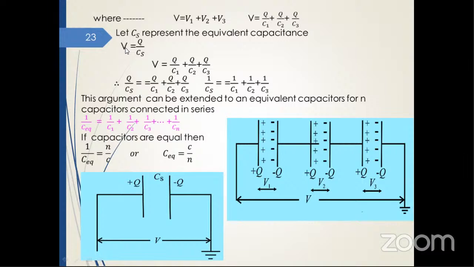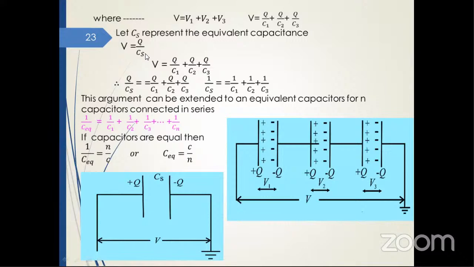As per the definition, we write V is equal to Q divided by C1, that is V1, plus V2, that is Q divided by C2, plus V3, that is Q divided by C3. Also, V is equal to the charge divided by the equivalent capacitance of the series combination.